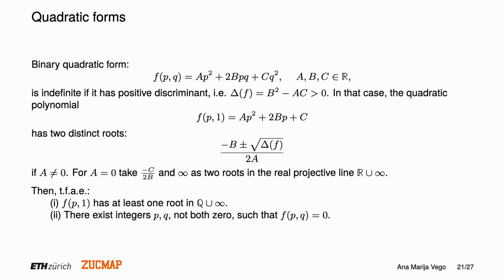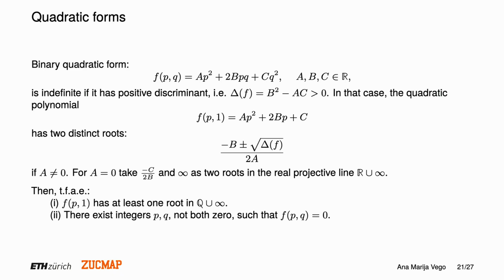Binary quadratic forms are given by this expression: f of p, q is equal to a p squared plus 2b pq plus c q squared, where a, b, c are real numbers. And we say that they're indefinite if they have positive discriminant. We do that because in this case, if they're indefinite, we get two distinct roots for the polynomial f of p, 1. It's just a technical condition, you can almost forget about it.